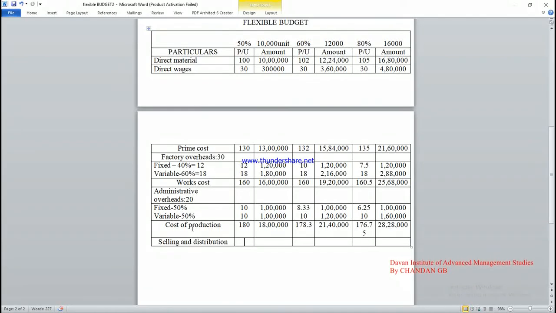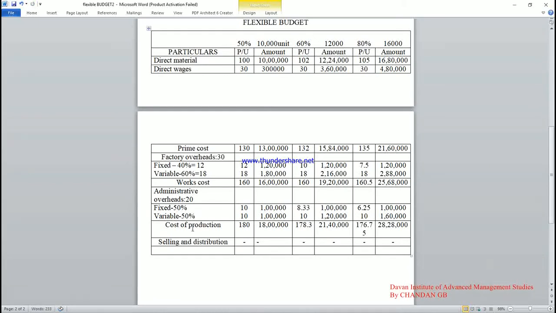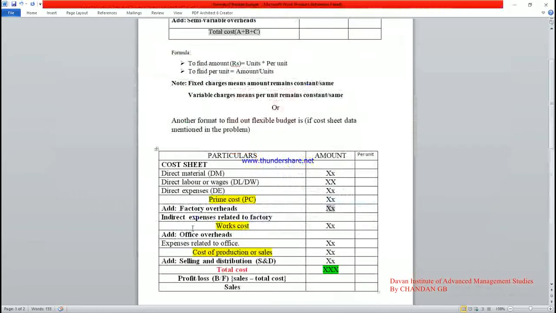There is no given data. So that total cost. Next concept is total cost. Check out the format once again. After adding the selling and distribution, you will get the amount total cost.